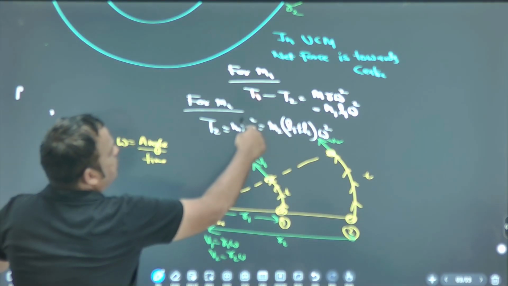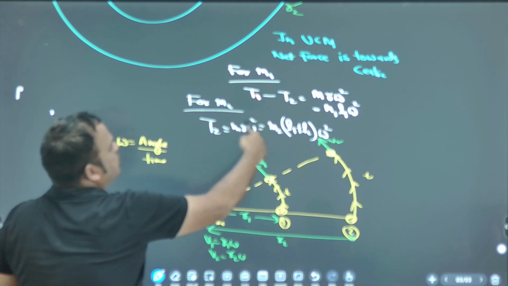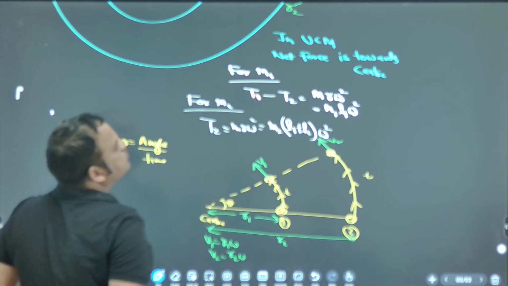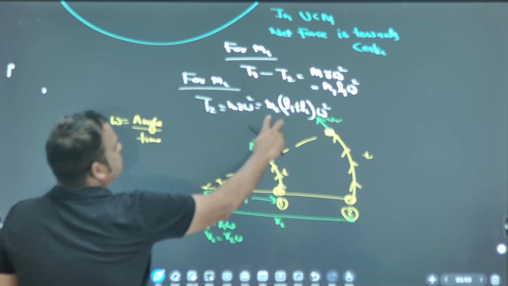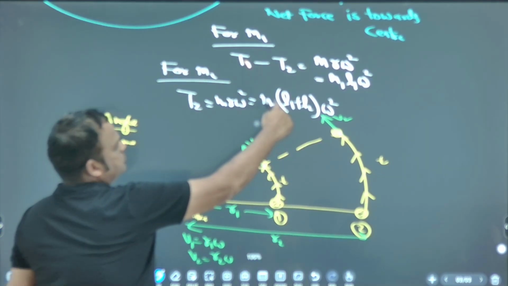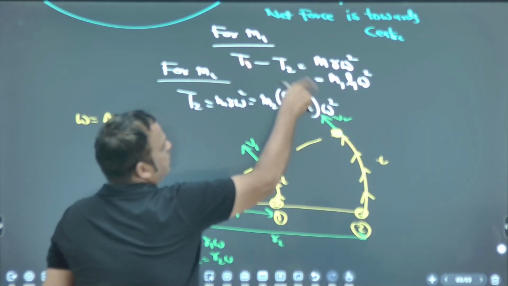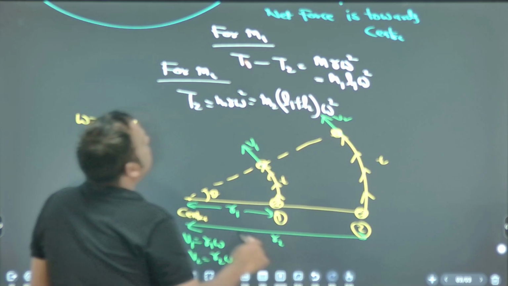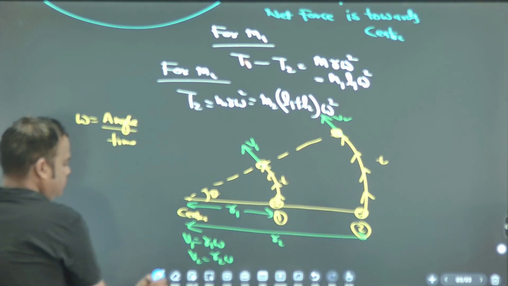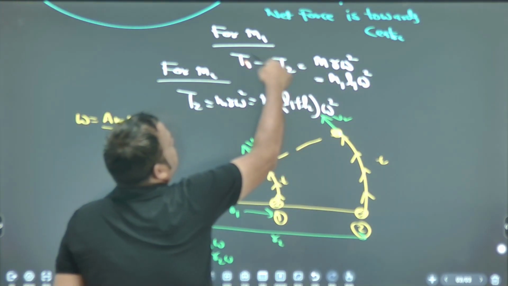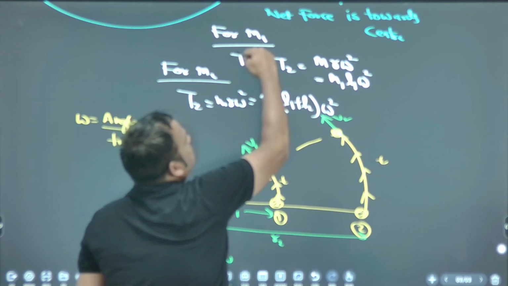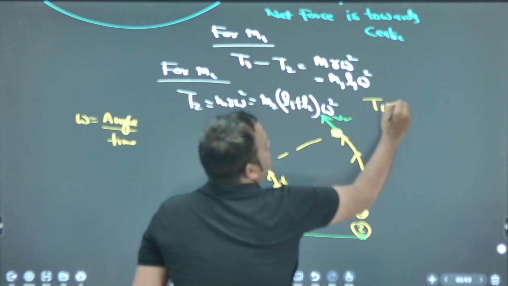Now you solve this. Find T1. T2 you got. T2 is M2 (L1 plus L2) into omega square. Now solve for T1. So put T2 here.